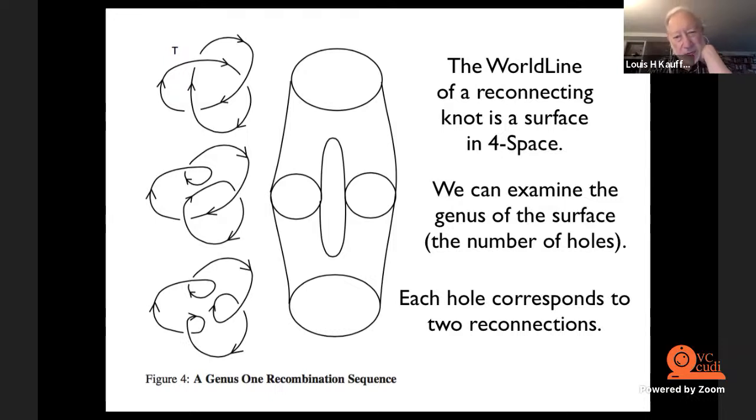So the question that knot theorists know a little about is some bounds on the least genus surfaces that cobordisms could have. The genus can be thought of as telling you about twice the reconnection number. So if you divide the genus by 2, you have an estimate on the reconnection number.